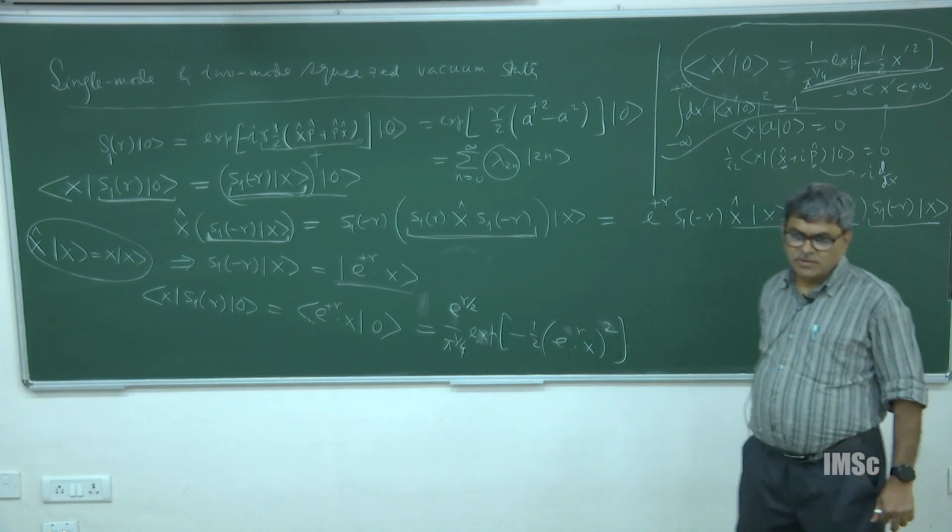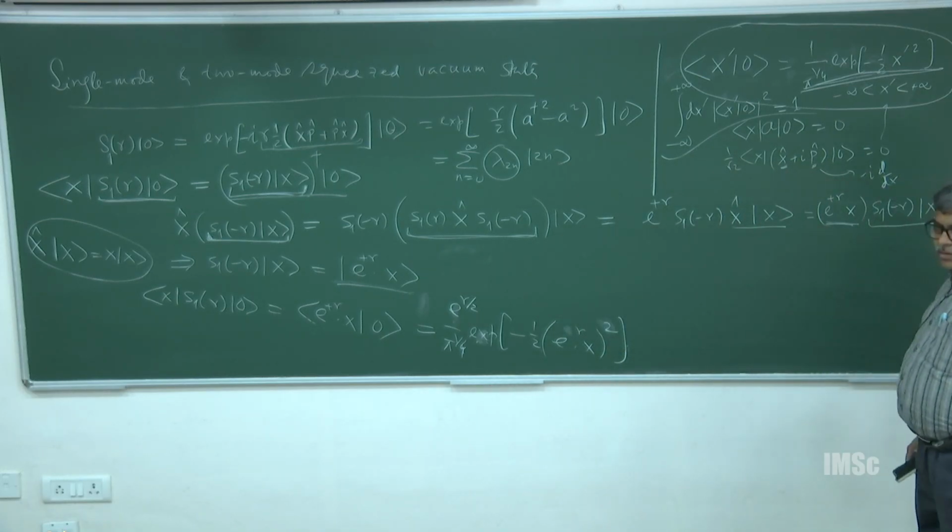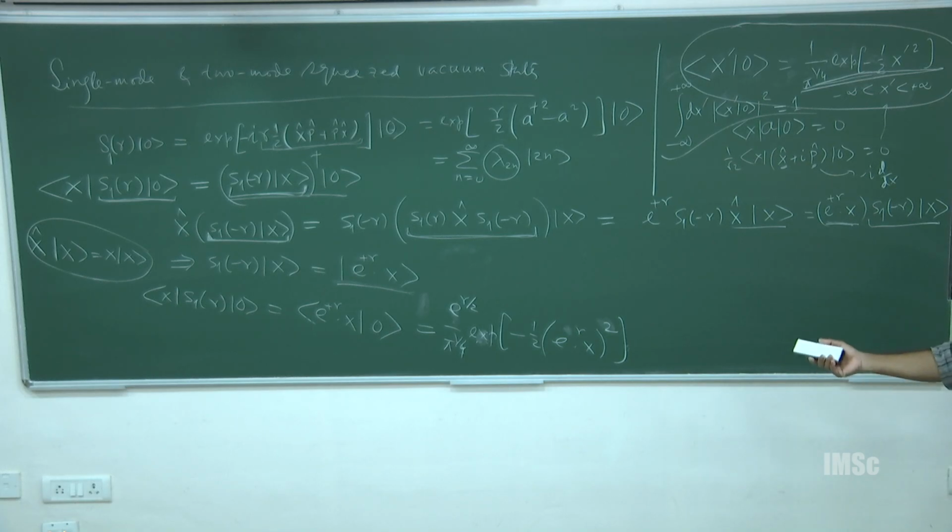There is a prefactor which is e to the power r by 2, and there is another factor which is exponential of e to the power something. So that will dominate, and that's why you are saying that the width will squeeze. Well, you can figure it out. It is not so difficult.